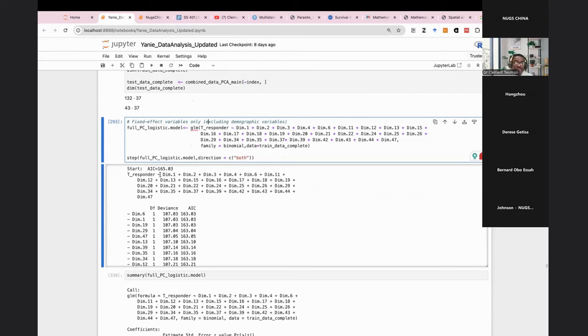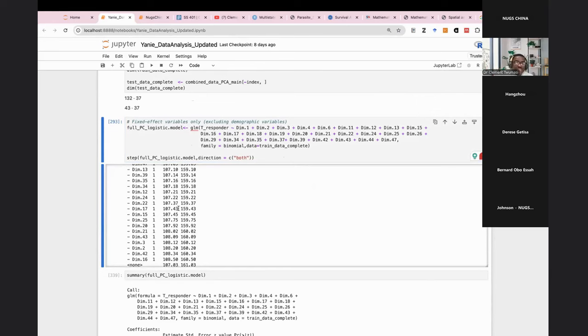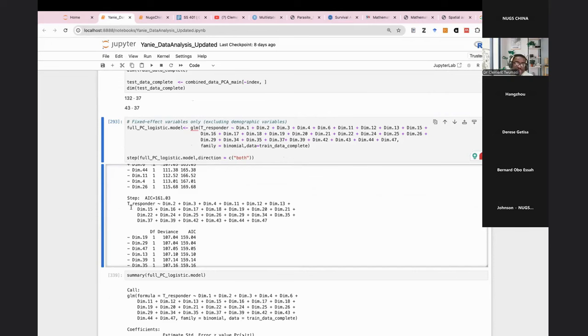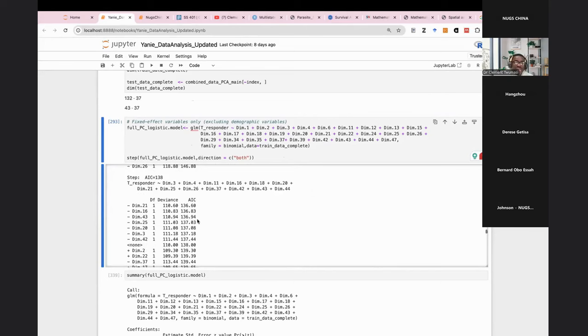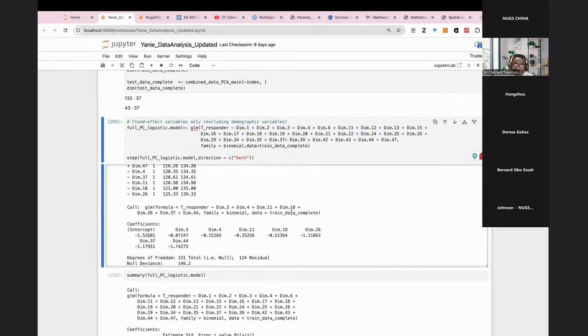So you have a regression model of all your predictors. In this case, I'm doing it on just the principal components. And then at each stage, it is reducing the dimension and finding a separate AIC. And it does that until it gets to the last phase where it tells me that if I should consider a model where these principal components are the predictors, then that will be the best model.